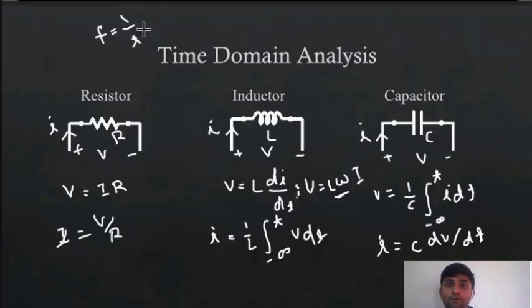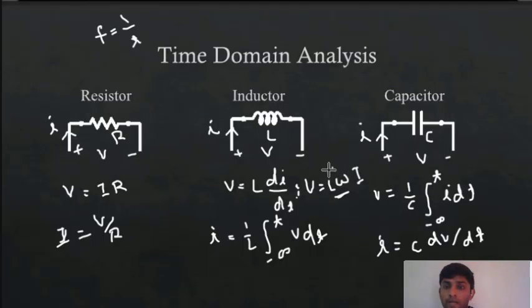So if we consider time t equal to 0, it means we will be taking frequency at infinity. And if we take t equal to infinity, it means we will be considering f equal to 0.